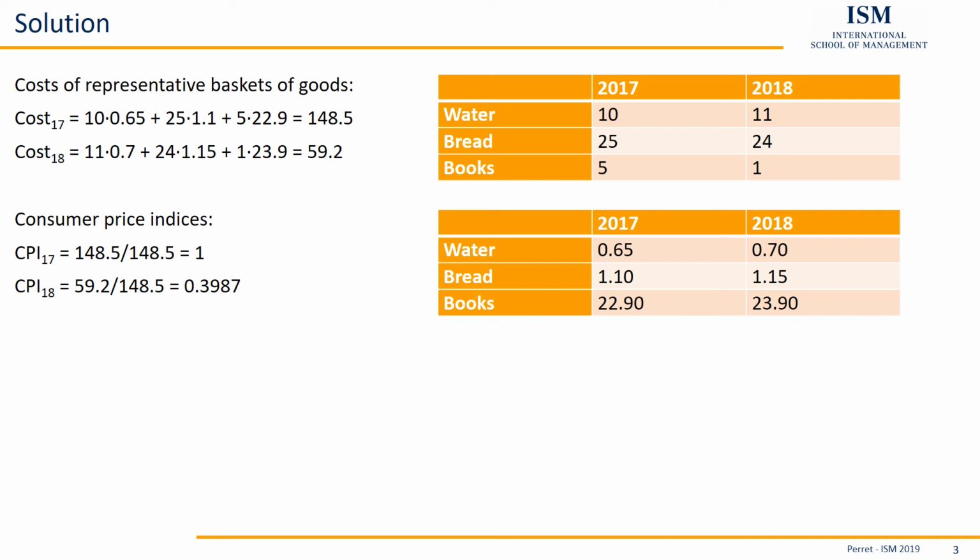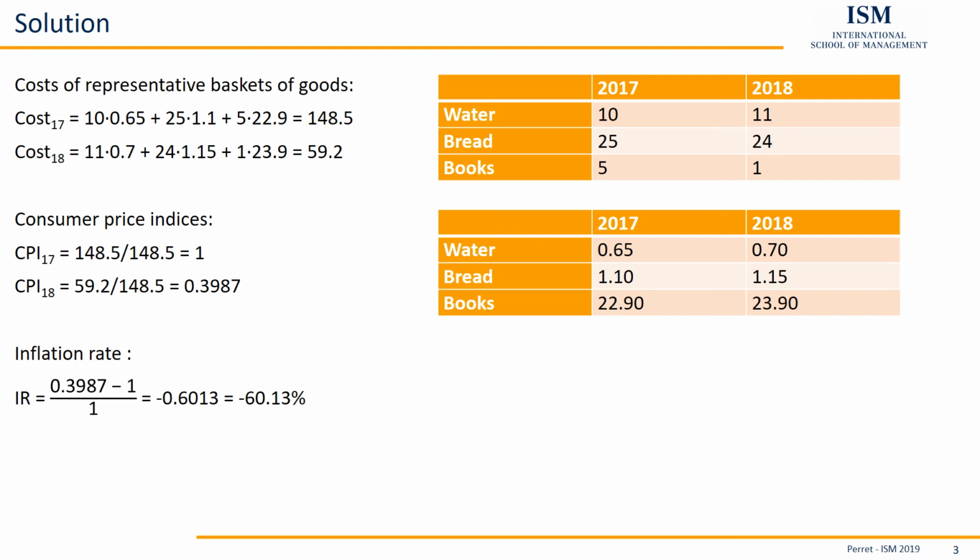Then we already have the first part. There's only one part left, and that's the inflation rate. For the inflation rate, I can just calculate the growth rate either of the costs or of the consumer prices. In this case, it doesn't matter which of the two I consider. If we do this with the consumer prices, that's the easiest way to go.